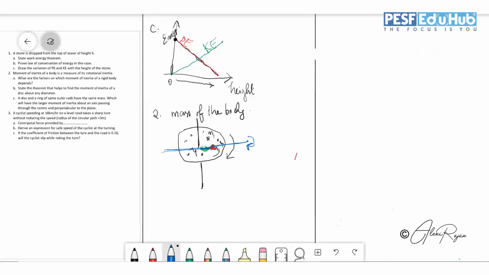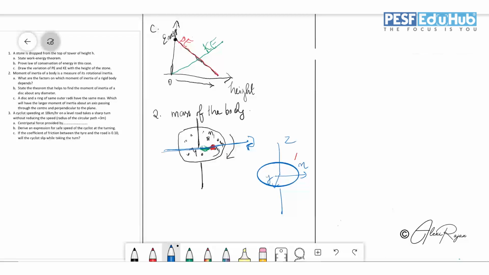So in the case of a body, it will have, I'm just saying, z axis, x axis, y axis, right? X axis, y axis, and z axis. So here, how can you find out?